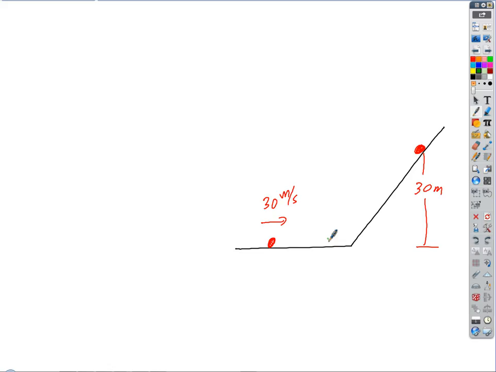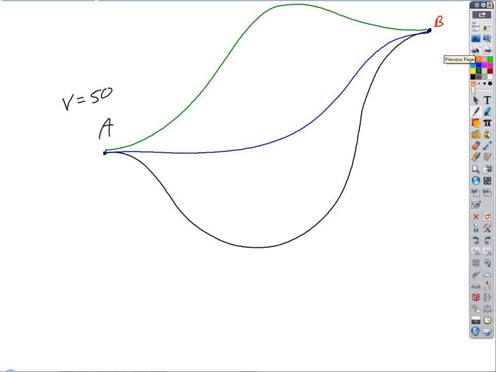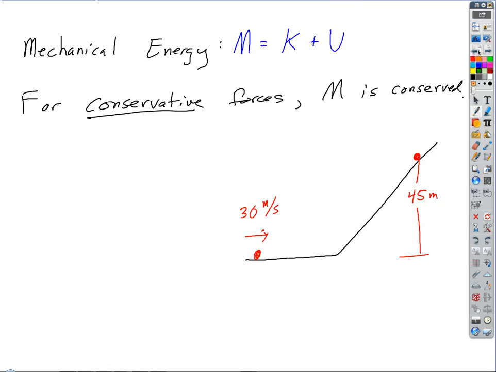Okay? I want to know... Oh, this one first. Okay, this one first. Gets up to 45 meters. I want to know, were there any non-conservative forces acting? How could I tell? It's still going 30 meters per second.